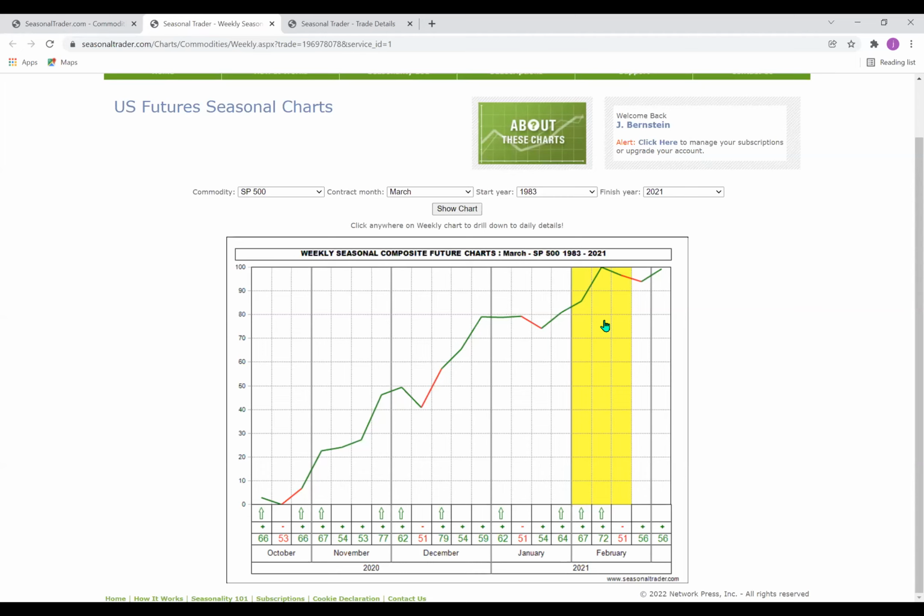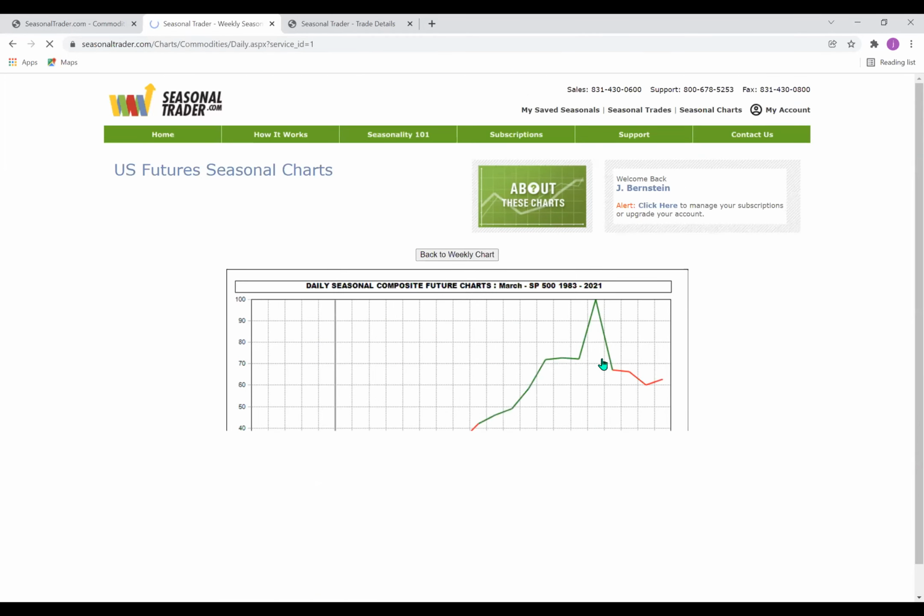I can also zoom in on the daily movement. Let me show you what I mean. Hang on one second. It takes a moment to come up on the screen. So this is a weekly chart, and now we're going to switch to a daily chart. Here we go. It's a little bit slow, the computer. There's a lot of data it's looking at. Here we go.